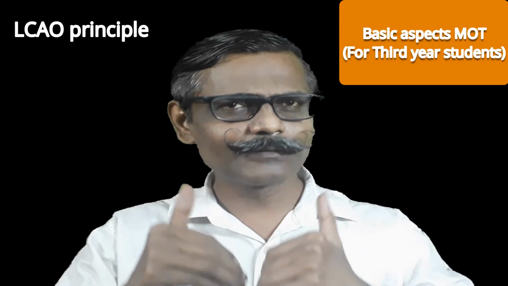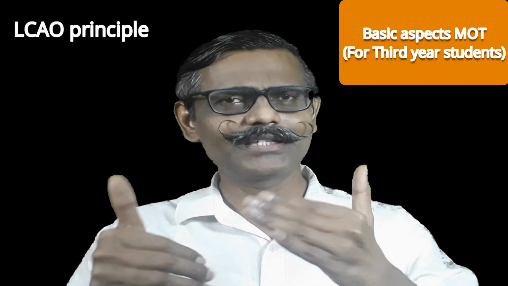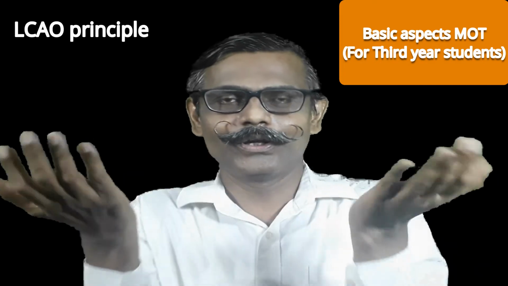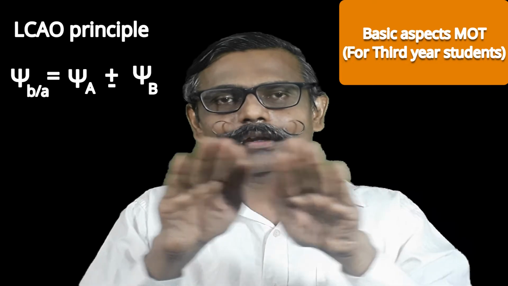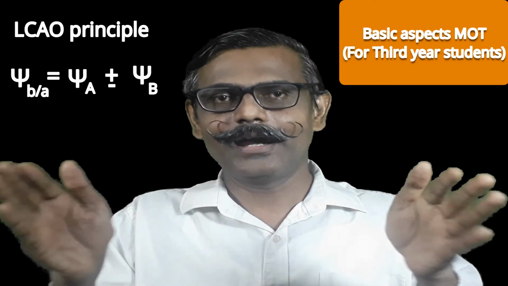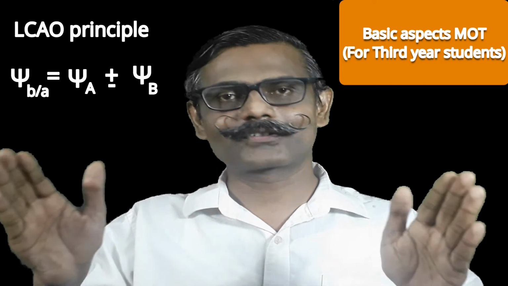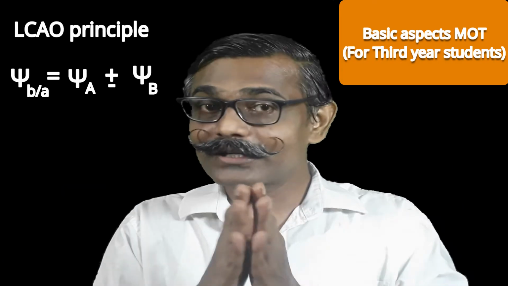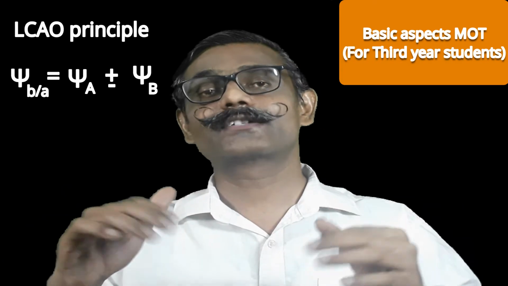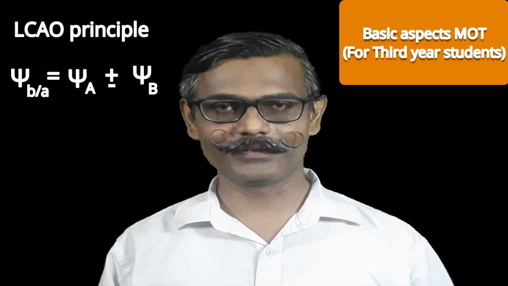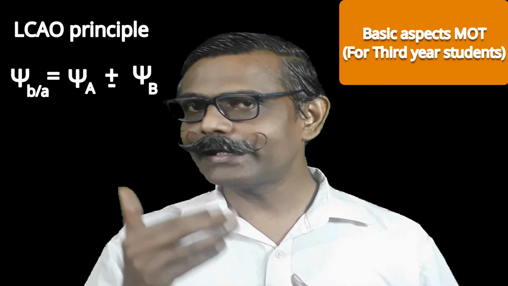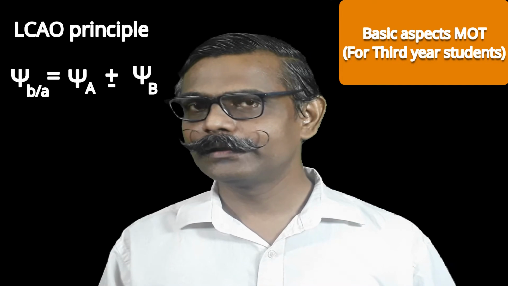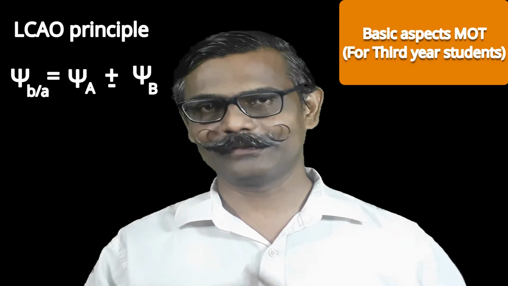The name itself says linear combination means addition or subtraction. Two waves can be added or can be subtracted. Addition means bonding, subtraction means anti-bonding. Addition means decrease in energy, subtraction means increase in energy. Are you getting this point? LCAO is just the mode of combination.